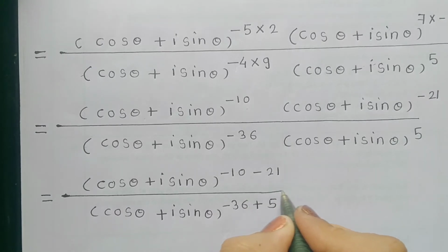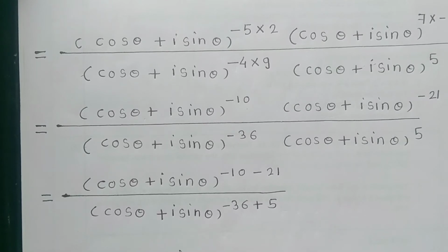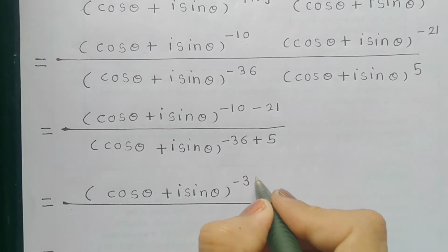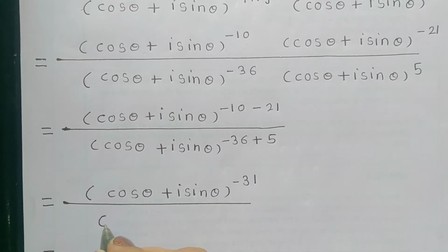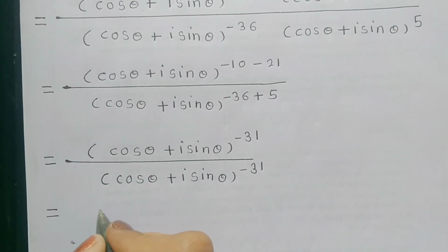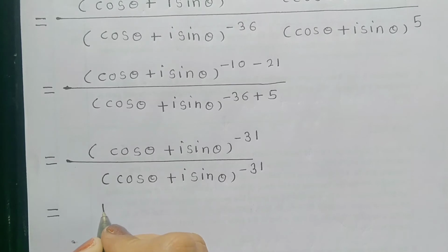Then we simplify here, so we get the answer cos theta plus i sin theta raised to minus 31, and in the denominator again cos theta plus i sin theta raised to minus 31. Again after simplifying we get the final answer equals 1 here.